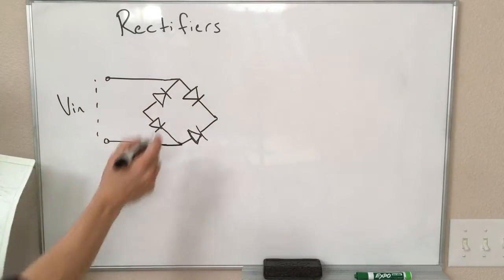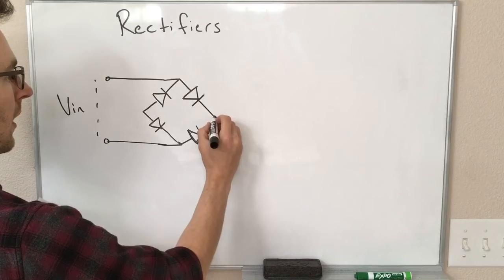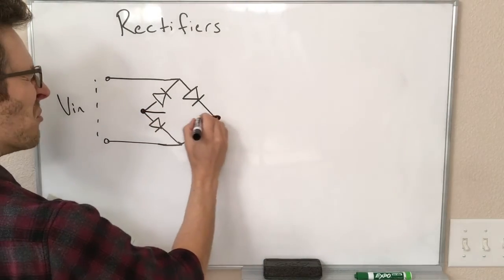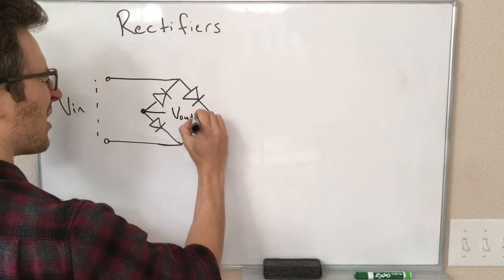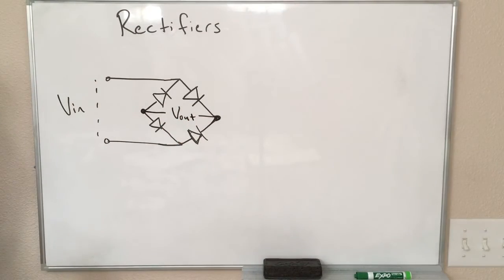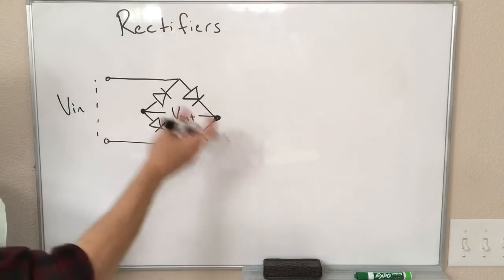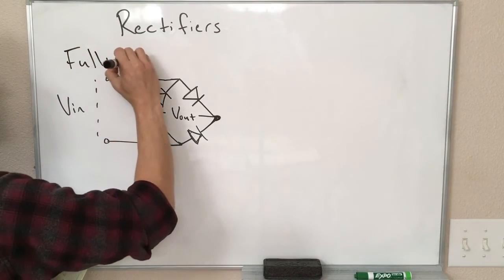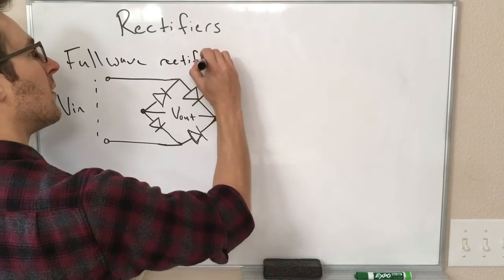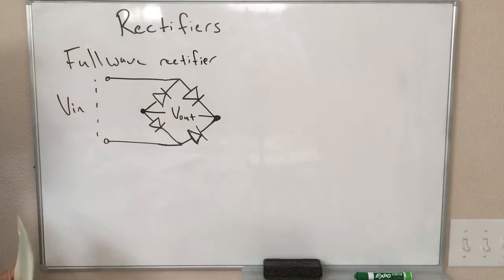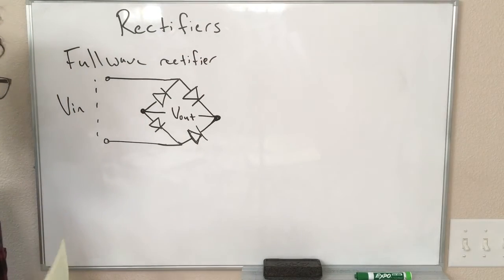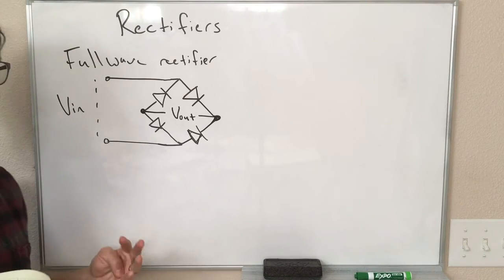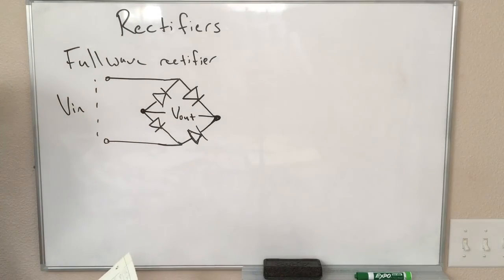So here's our diode bridge, and between these 2 points is our output voltage. This is kind of tough to draw on the board, but hopefully you get some idea of how this is constructed. So this is a full wave rectifier. This is not the only full wave rectifier. If you're using a transformer, which we'll learn about later, you can do it with only 2 diodes. But this is a full wave rectifier with 4 diodes configured as a diode bridge.